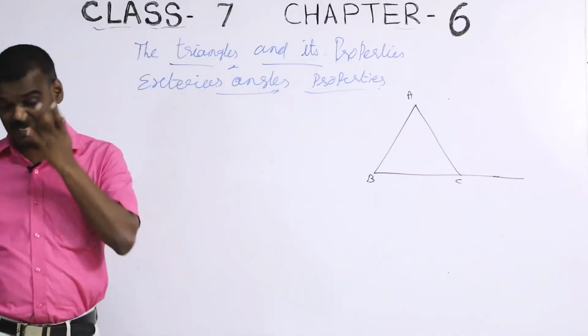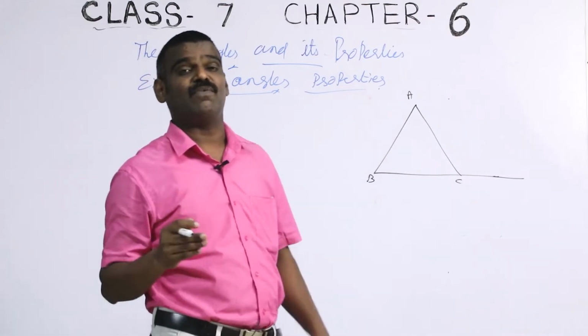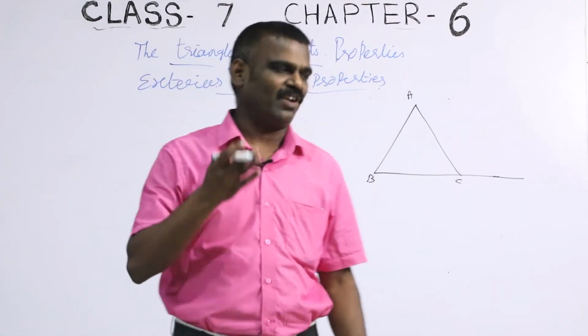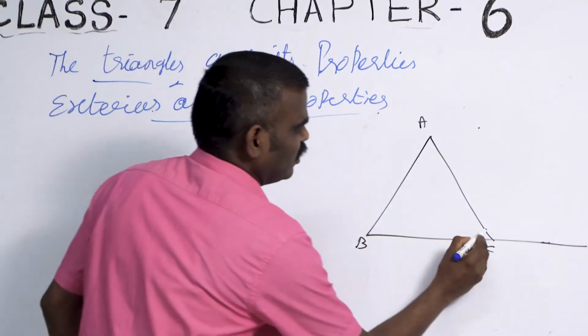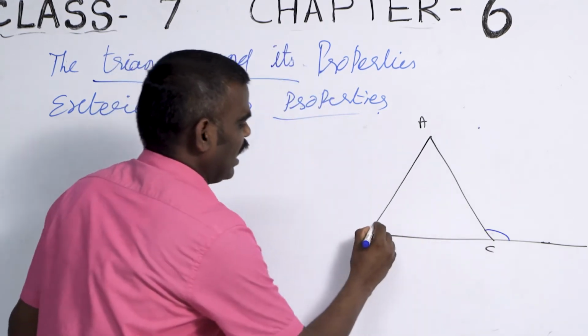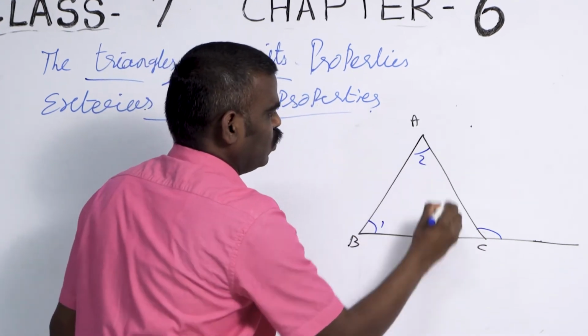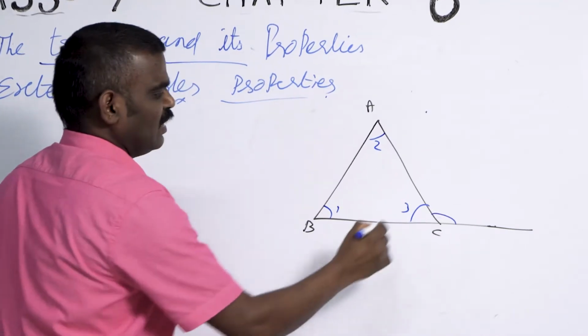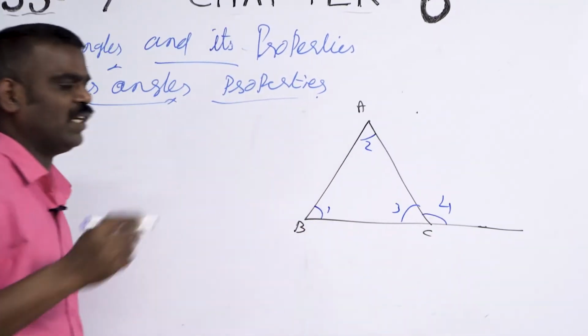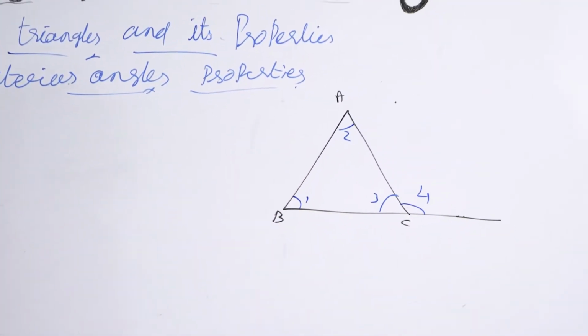Exterior meaning what? Outside. Good boy. Exterior means outside. So, this angle is outside. Let us say angle 1, 2 and angle 3. Then angle 4 is outside.